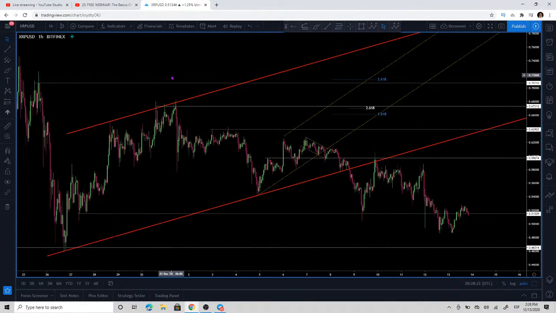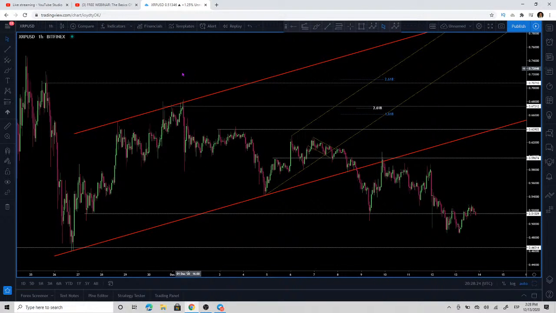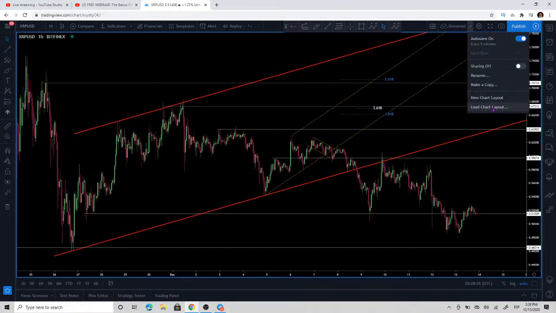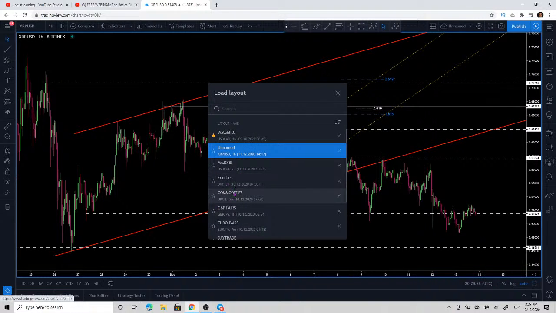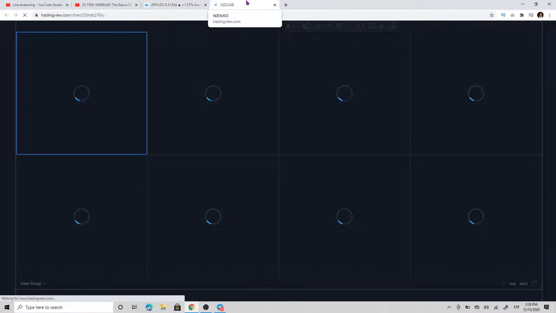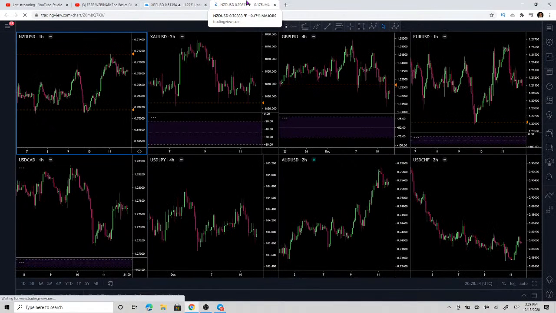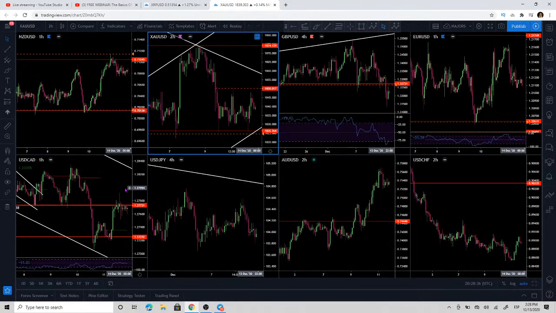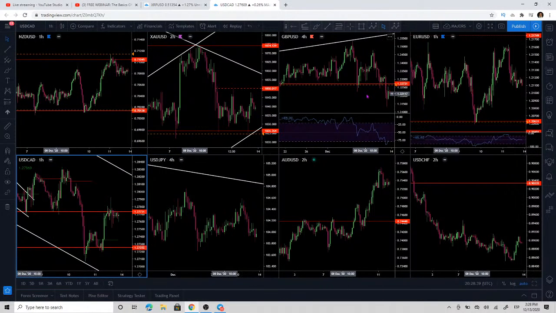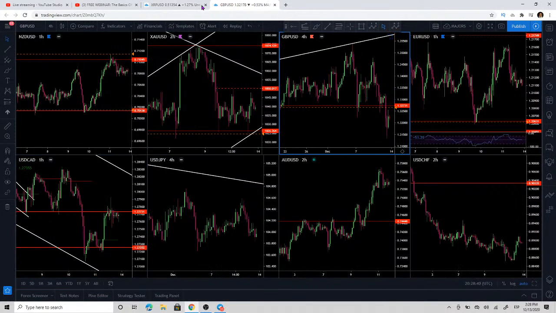This is XRP, this is Ripple, but we're going to go and look at the major currency pairs, and we are going to use the RSI, the Relative Strength Index.